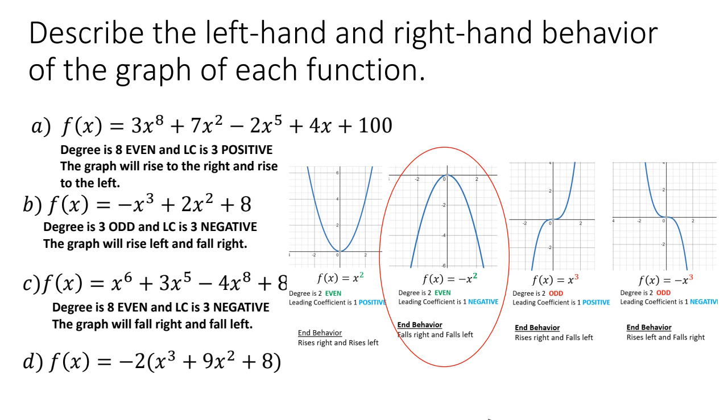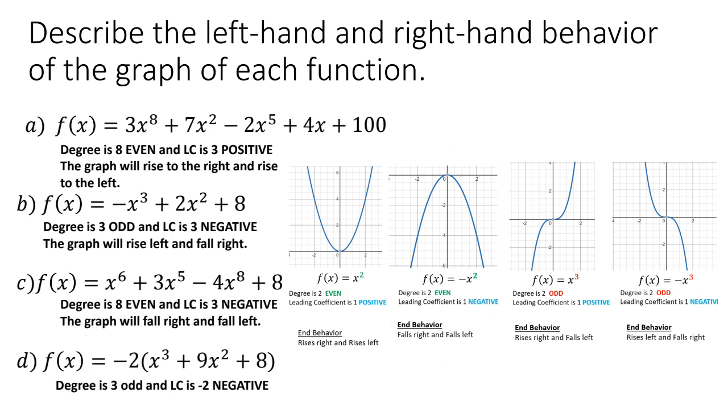Okay. Now be careful if your polynomial is not completely simplified. In this example, you have a -2 in the front times x cubed plus 9x squared plus 8. So you want to make sure that if you were to multiply this -2 into the parentheses, it could change your answer. Okay, not all the time, but it could.